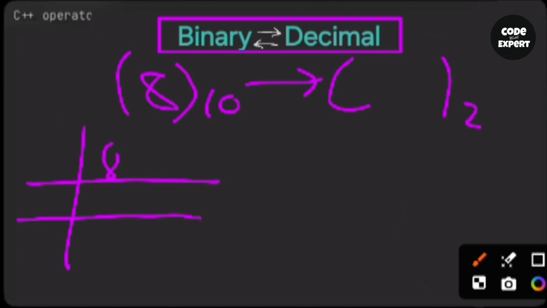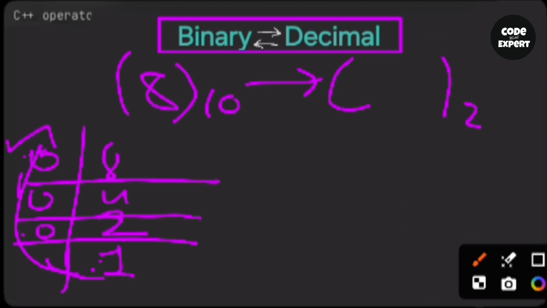As we divide 8, our remainder comes 0, and the following number we have to divide by 2 and write the remainder on the left side. If we divide 4 by 2, its remainder is 0, and now if we divide 2 by 2, the remainder is also 0, and at last we get 1. So we will write from up down to up 1 0 0 0 like this.